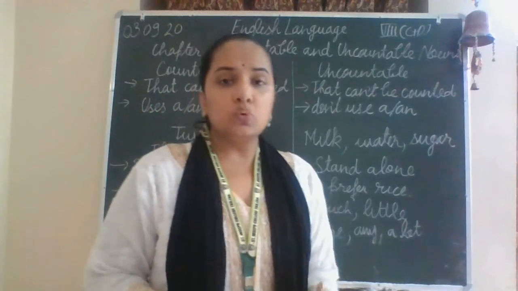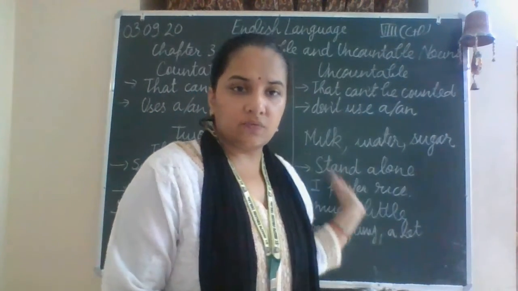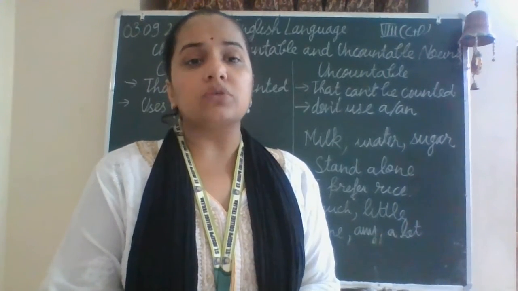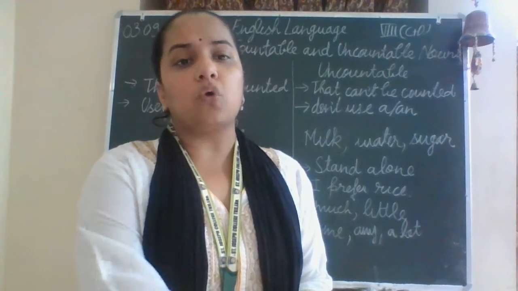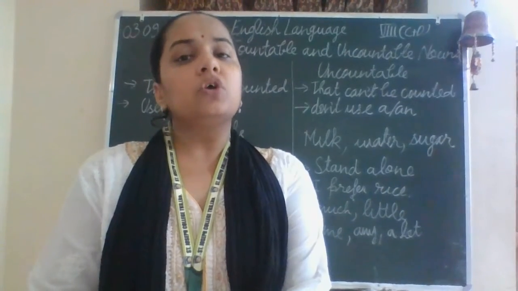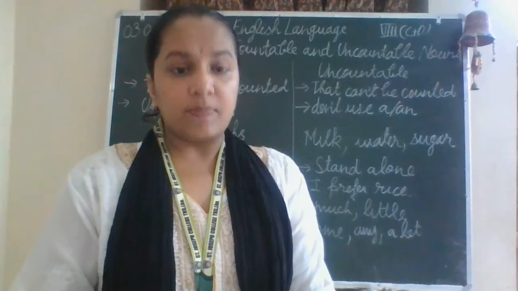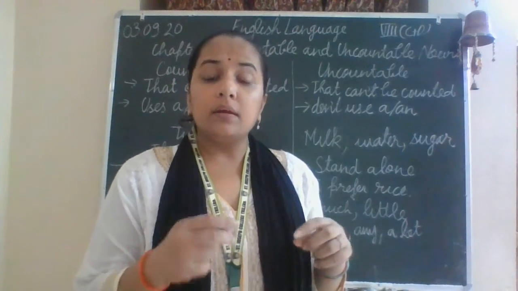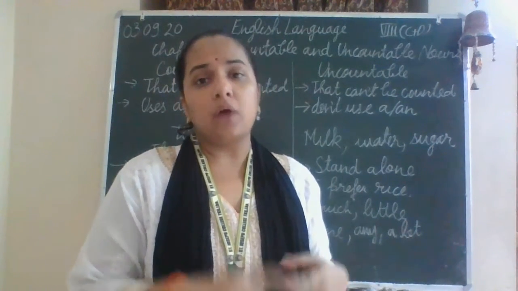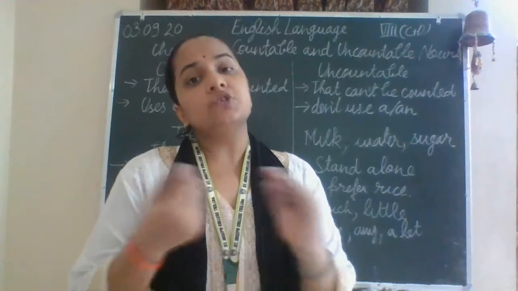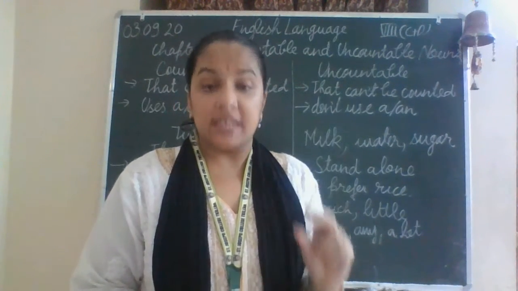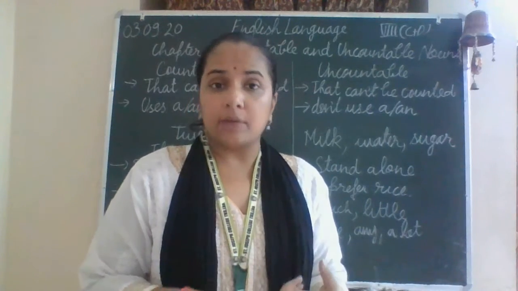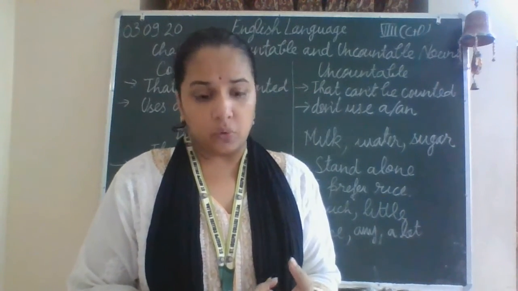Further, the use of the countable nouns or the uncountable nouns also depends on how they are used in the sentences. For example, if you are writing a particular word, then that can be a countable noun. If you change the term for the same thing which is giving you the same meaning, there can be an uncountable noun also.